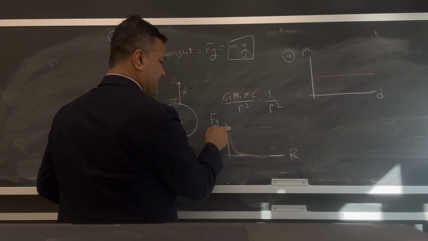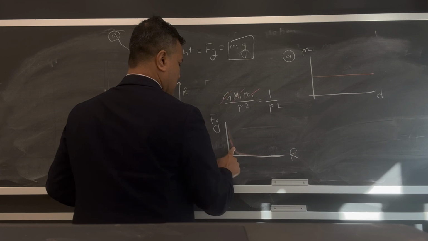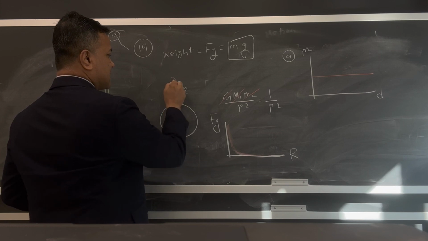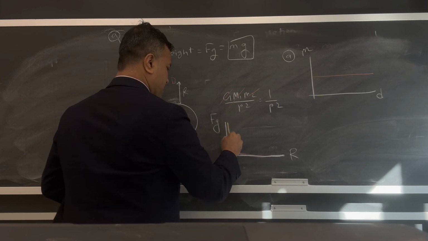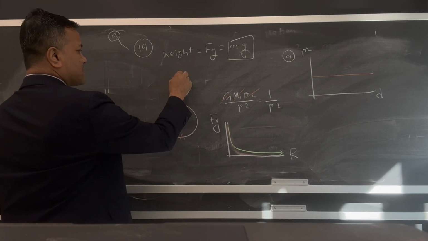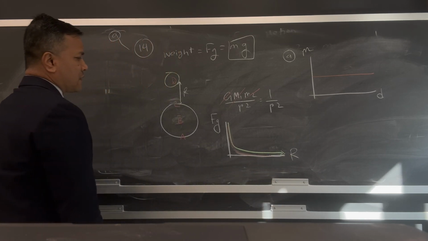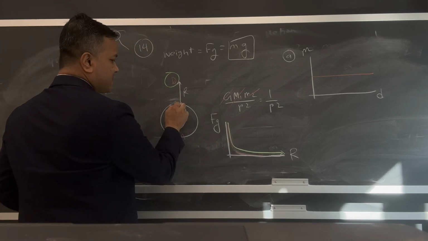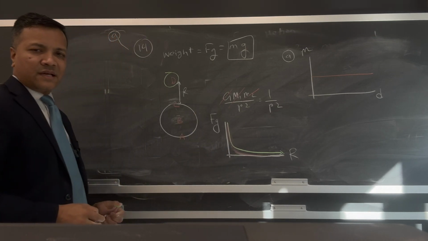This is asymptotic, but I think I can do better. As the distance between C and D increases, what happened? Your weight goes to zero. That means if you are infinite distance away, which is D, then your weight is almost zero. And when your distance is at C, then it is of course 9.8.